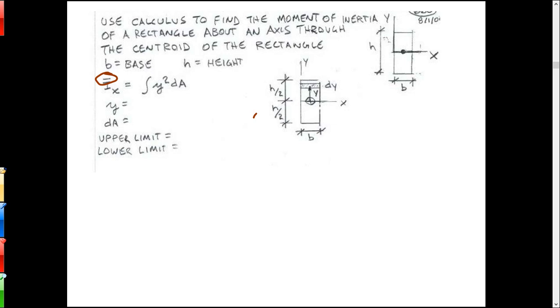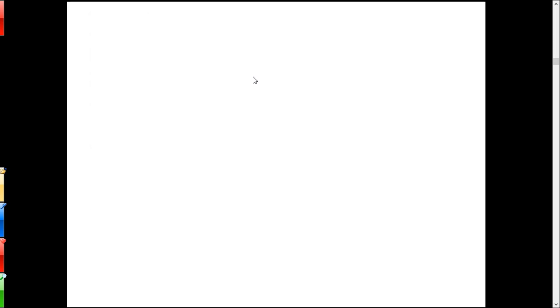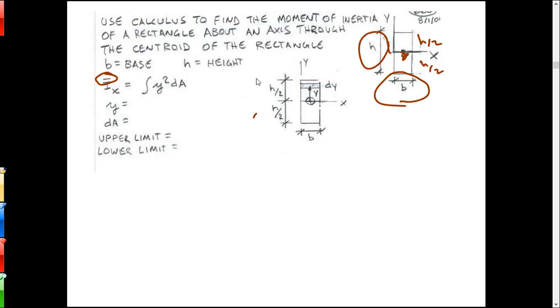What we're going to do then is use that basic definition, y squared dA. So what we've got here is a typical rectangle with a base b and a height h. We're going to use the centroidal axis, so we're set in the middle, h over 2 and h over 2. We're going to measure up a distance y and find the area. Take the square of y and multiply it by the area. So what's the area there?